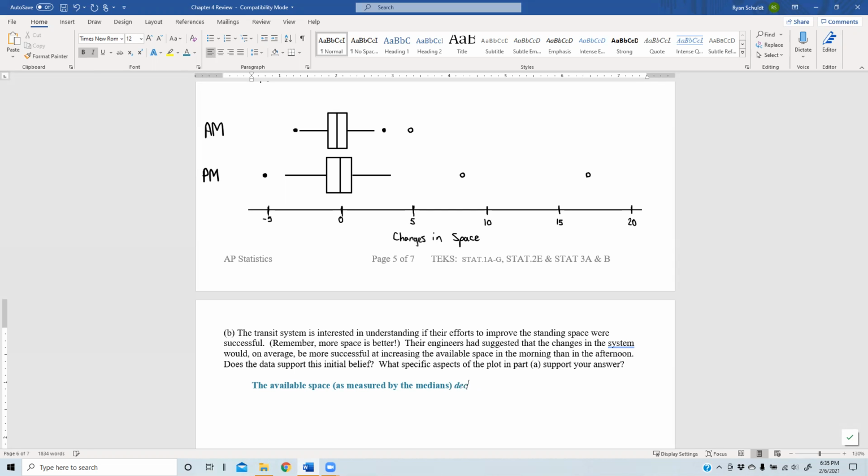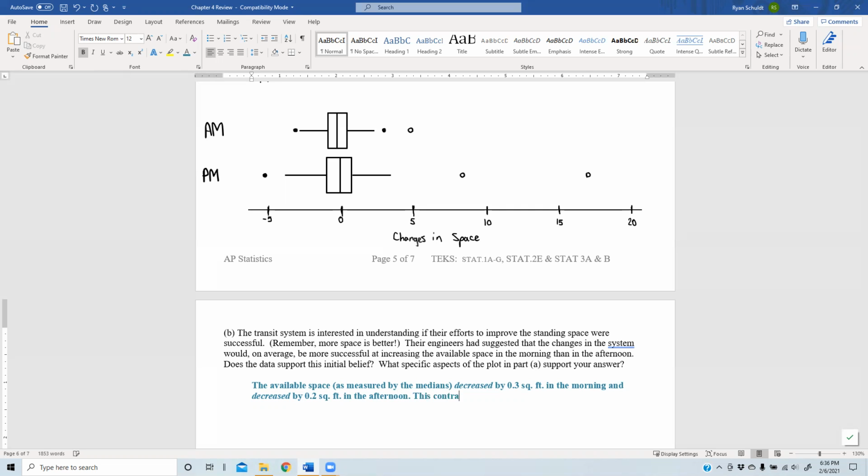I want to emphasize that, decreased by 0.3 square feet in the morning and decreased by 0.2 square feet in the afternoon.